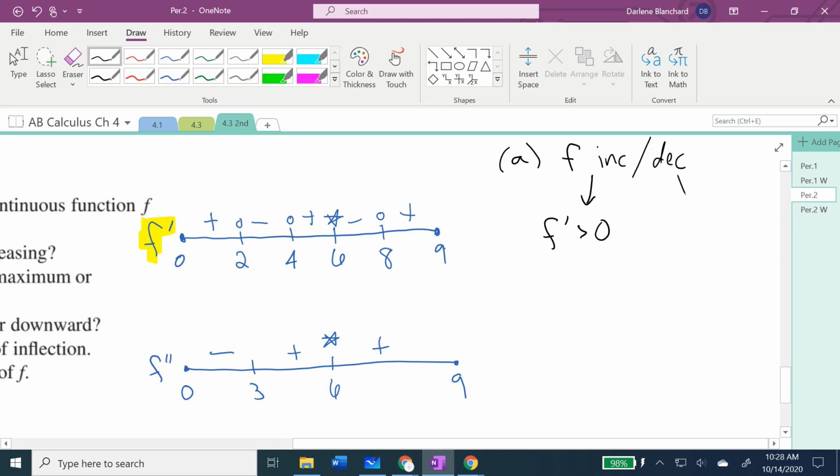If f is decreasing, that means f prime is less than 0. Literally writing those things down can help you, 1, to look for the correct information, and 2, if the problem asked you to show your work or justify your reasoning or explain how you know, this is what they're looking for. They're looking for you saying, I understand that f is increasing when its derivative is positive.